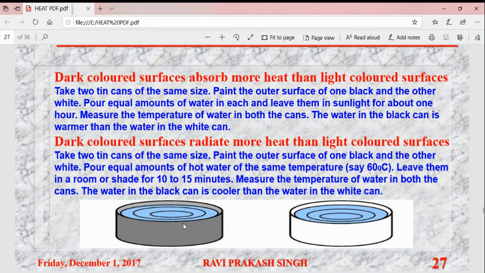That means it is radiating more heat energy than the white colored can. So what you understand is that darker objects absorb more heat and they also radiate, release more heat as compared to the white colored surface.